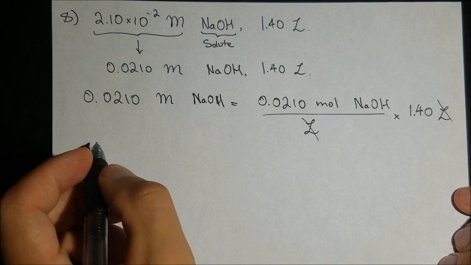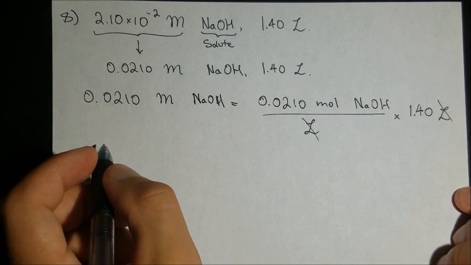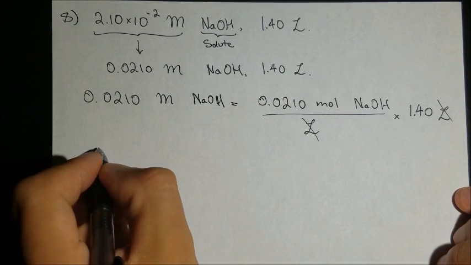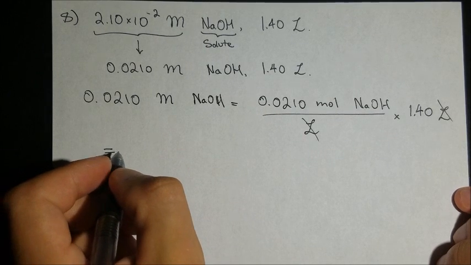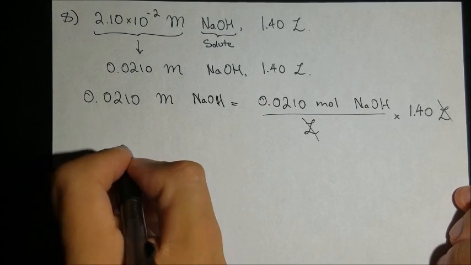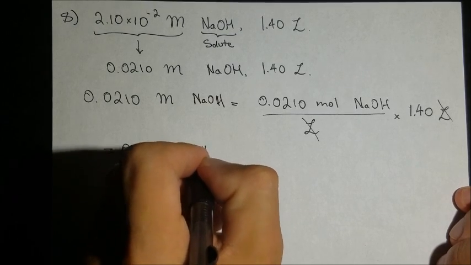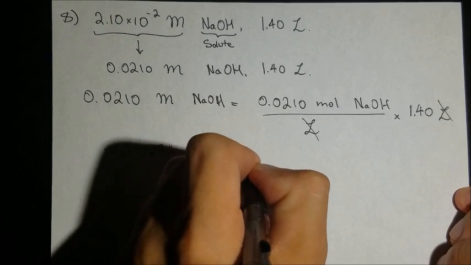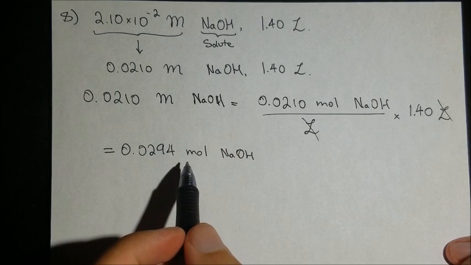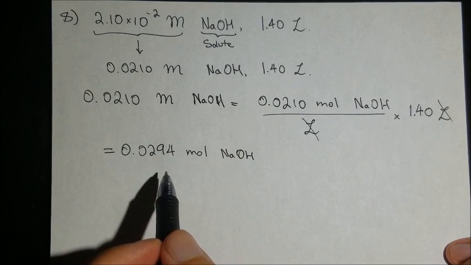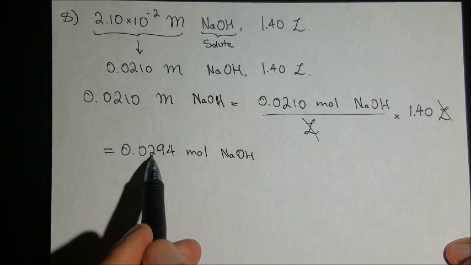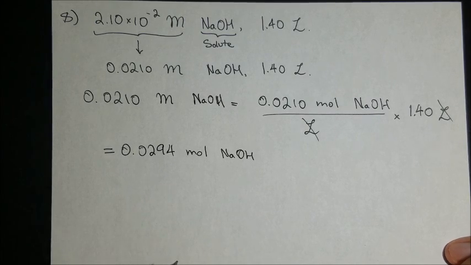So my liters here cancel, and this means I'm going to need 0.0294 moles of sodium hydroxide. Okay? So if I want to make 1.4 liters of this solution, I'm going to need 0.0294 moles of sodium hydroxide.